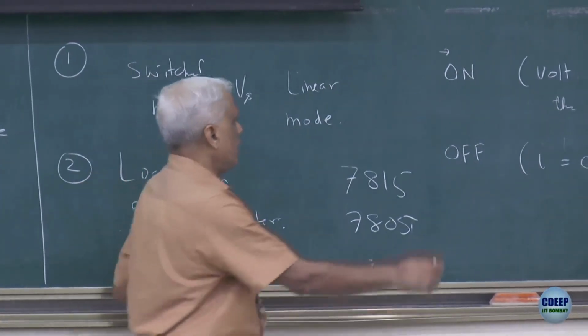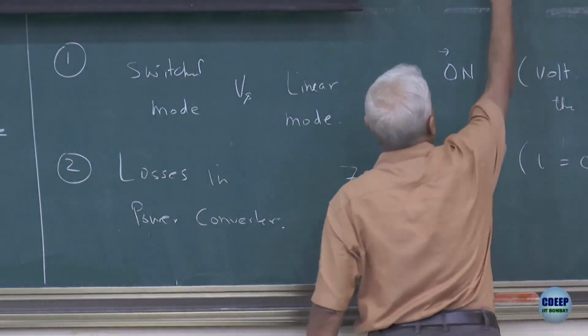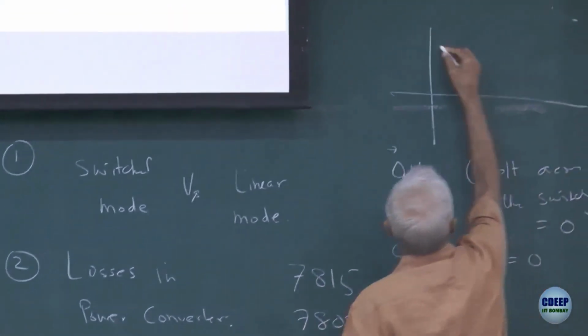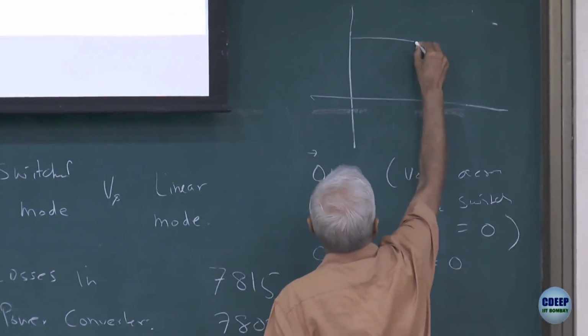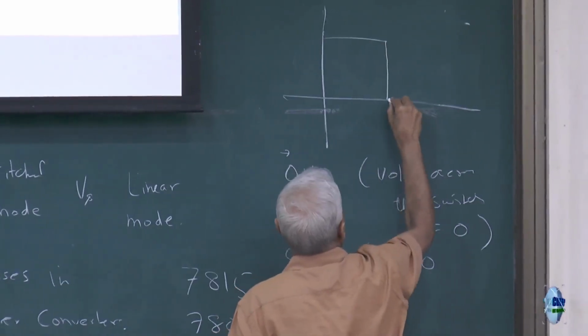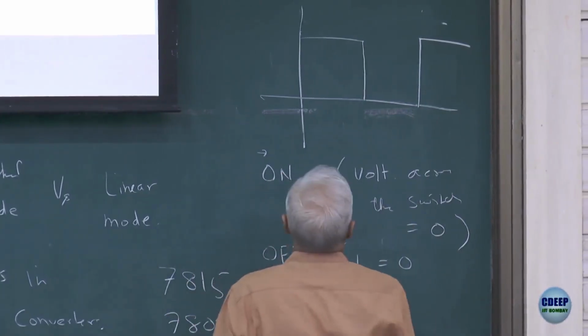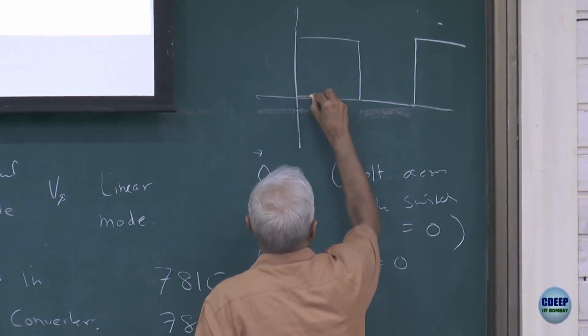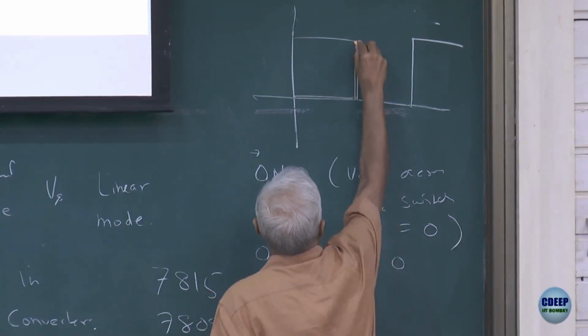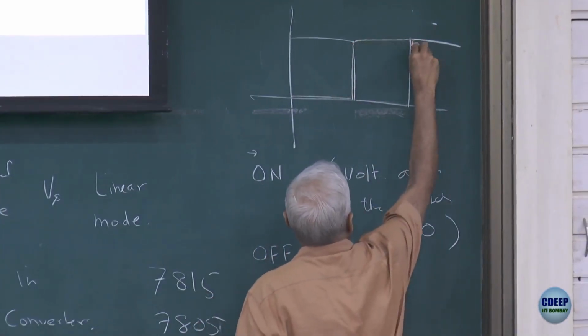Because if I give you this picture by drawing a diagram, let us say this is the current through a switch which is going up and down, and there is a voltage which is going like this. Now if it is going like this, very nice.